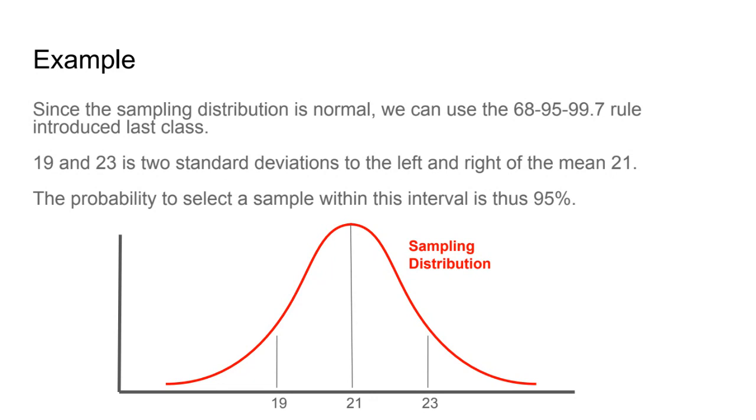So how do we apply it in this case? Well, 19 and 23 are 2 standard deviations to the left and to the right of the mean 21. And that means by the 68, 95, 99.7 rule that the probability to select a sample within this interval is 95%.